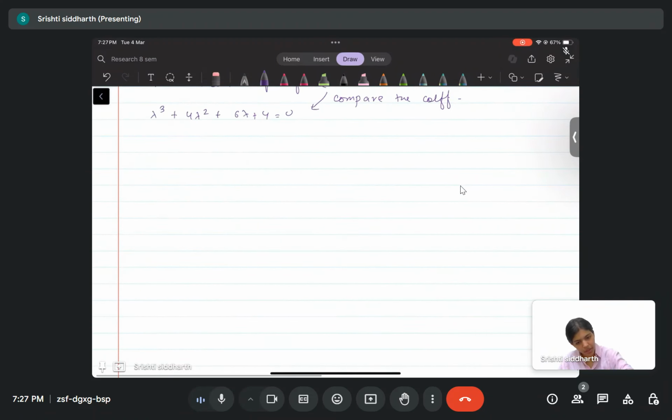There is another method which was discussed. So we know that the eigenvalues of A are 0, minus 1, minus 2.